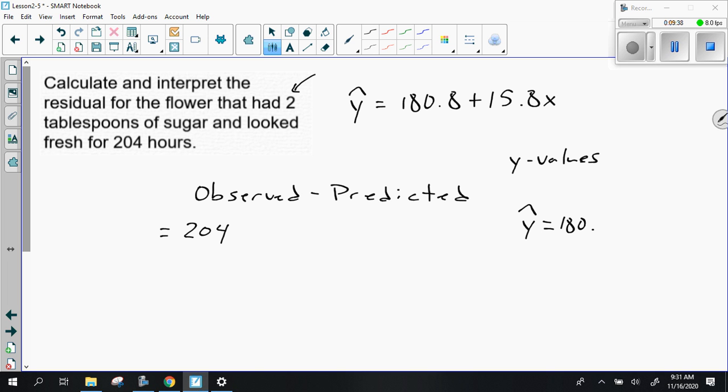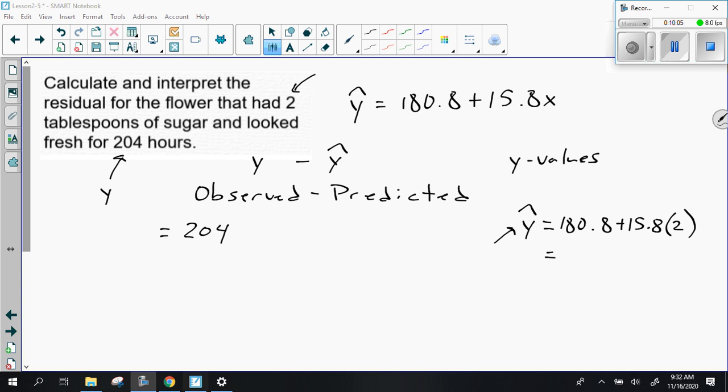So what we need to do to predict that is to just substitute 2 for x, and we're going to calculate this value. Another way of saying that is that this is actually our y minus y hat. So we're given this y value, and now we're going to go ahead and calculate our y hat value.